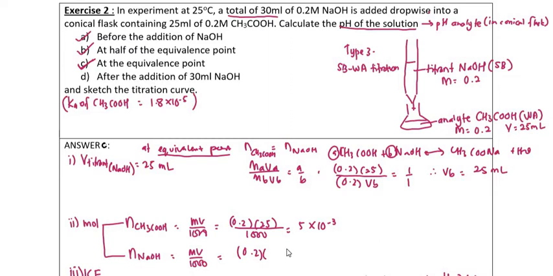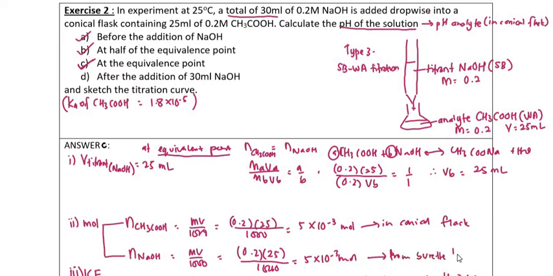The volume you added to reach equivalent is also 25 over 1000, and you will get 5 exponent negative 3. This is the mole in the conical flask, and this is the mole that you added from the burette to achieve equivalent point.